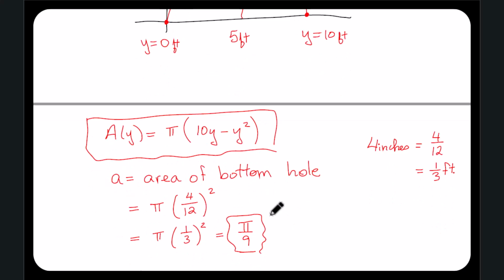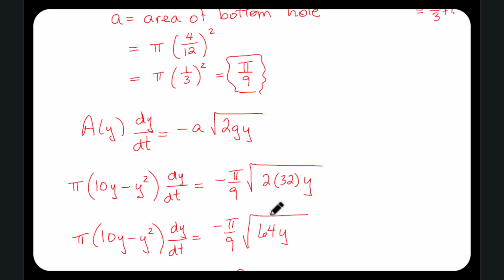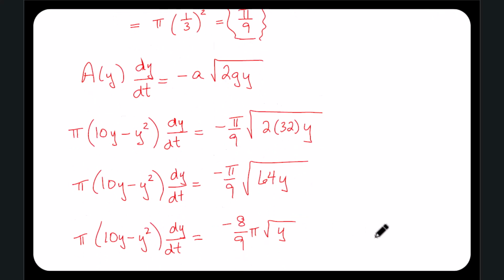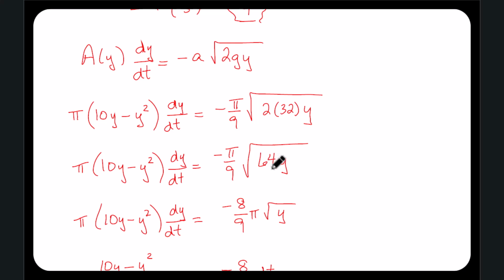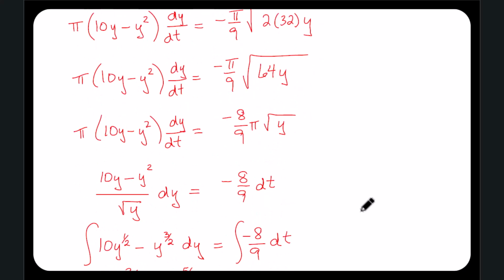All right, so if we put all this into my formula, here's my A of y, here's A. I fill in the gravitational constant. Square root of 64 is 8, and so we're there. Keep grinding away and simplifying.